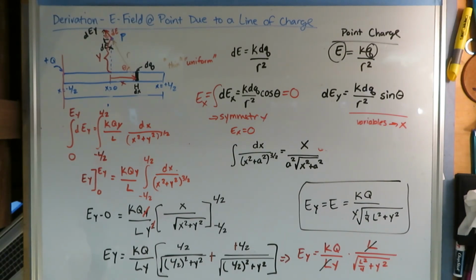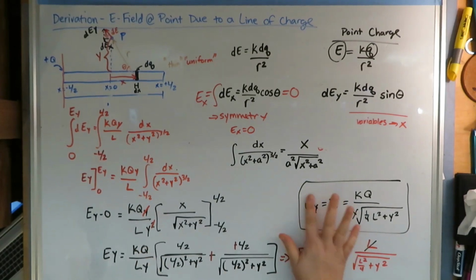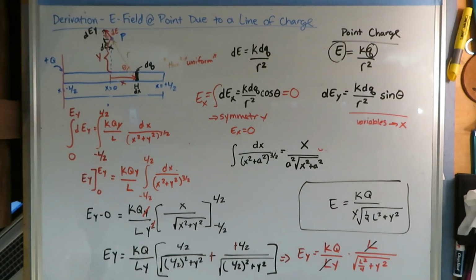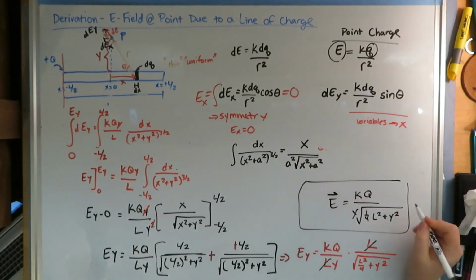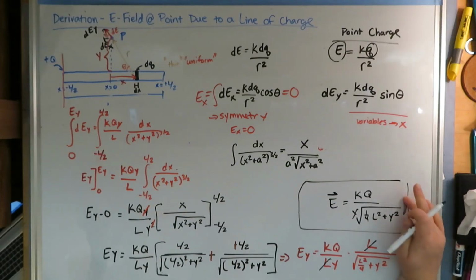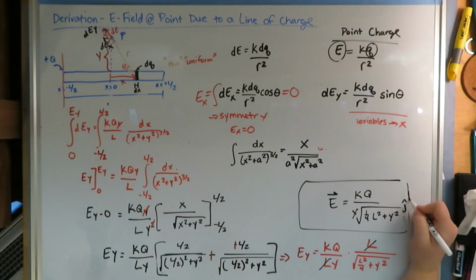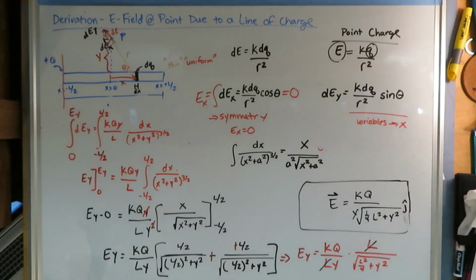And then if you wanted to define this in terms of a vector, I could do this in the j hat direction. So if I wanted to define this in unit vectors, or I could define it as up the page if I wanted to make this a vector.